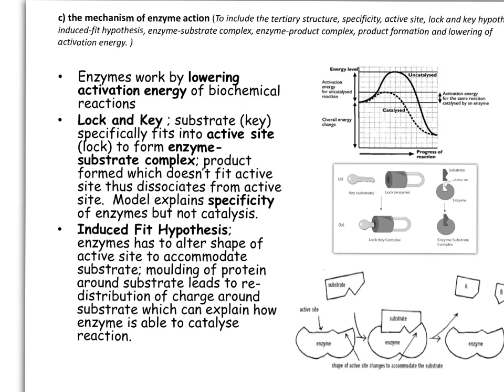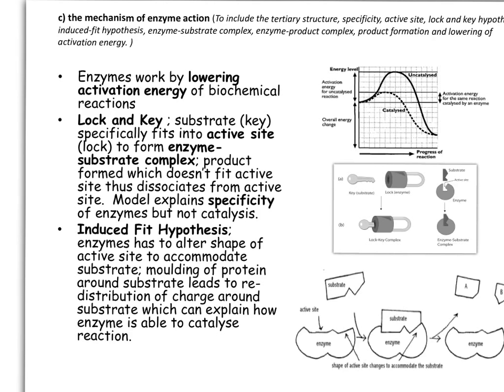The reason for this is that an enzyme has a specific tertiary structure. If you go back to protein structure, we have a specific sequence of amino acids, and the sequence of R groups in that primary structure causes a particular type of folding, which we call secondary folding, and then the domains of secondary structure fold in on each other to form this tertiary structure, which has a specific three-dimensional shape.